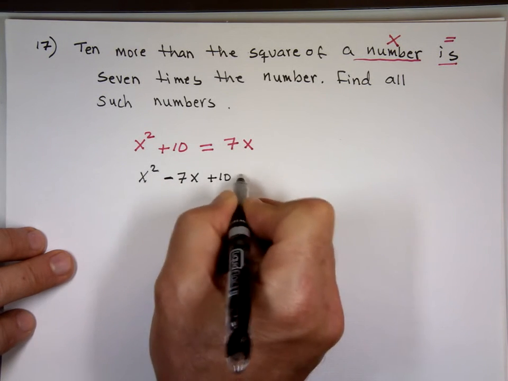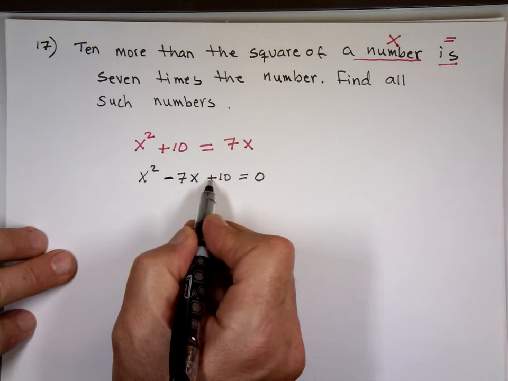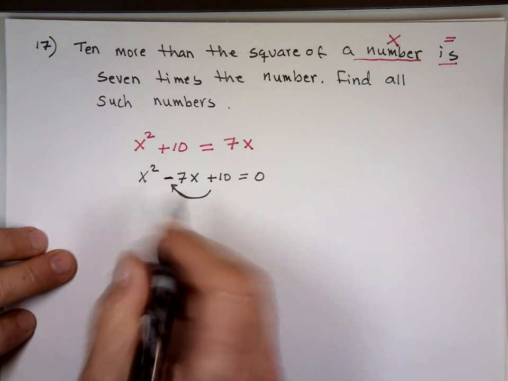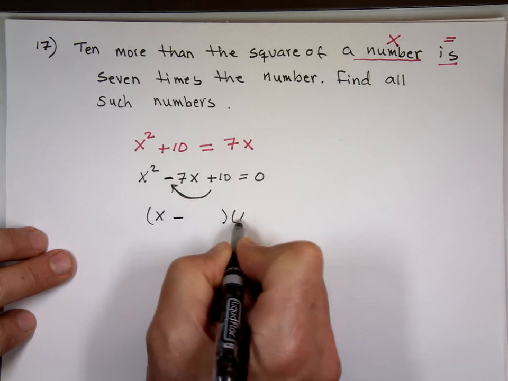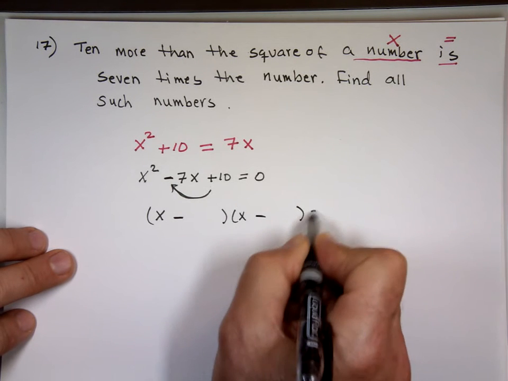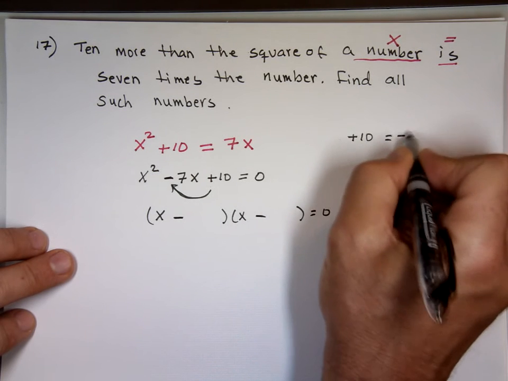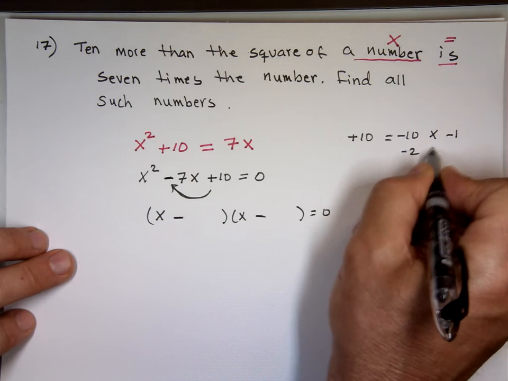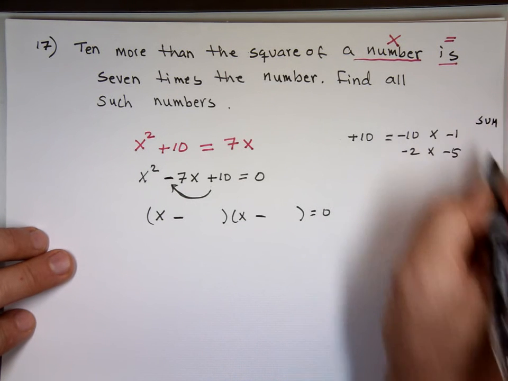Factor completely. Notice this sign is positive, which tells me both signs are the same as this. So it's going to be both negative. Ten is negative 10 times negative 1, and negative 2 times a negative 5. What's the sum of them when you add? That's a negative 11, that's a negative 7.